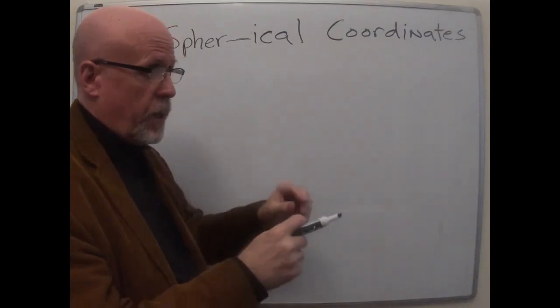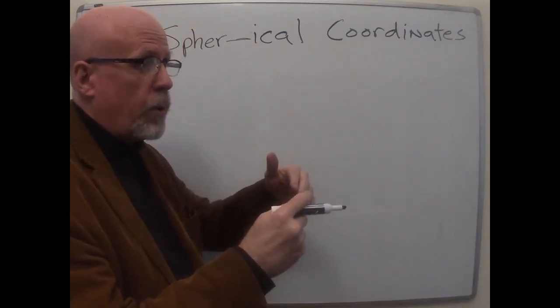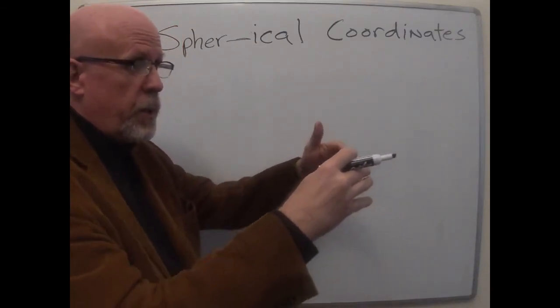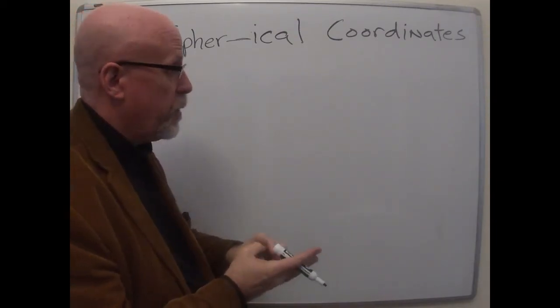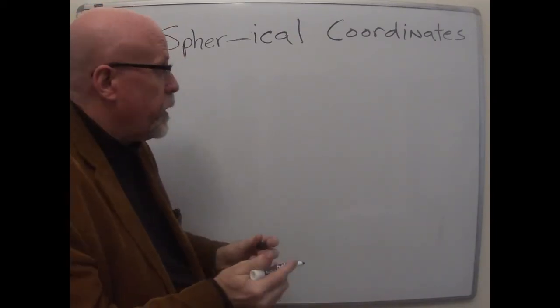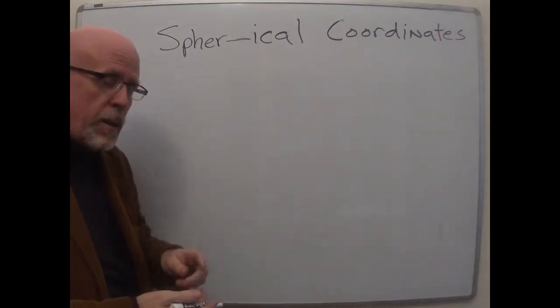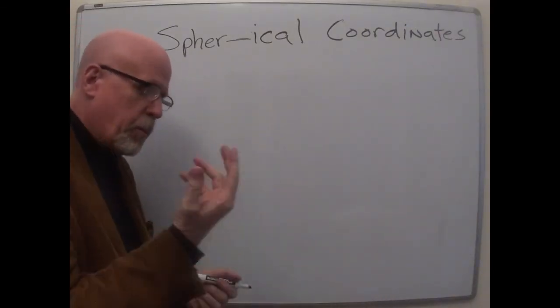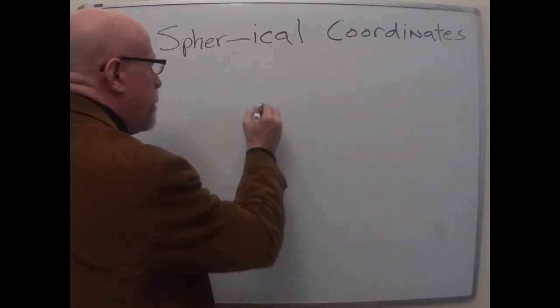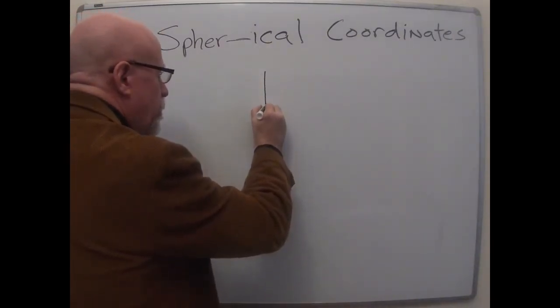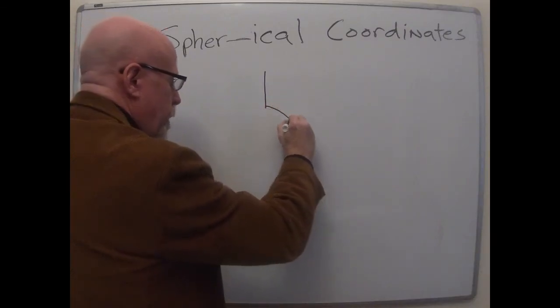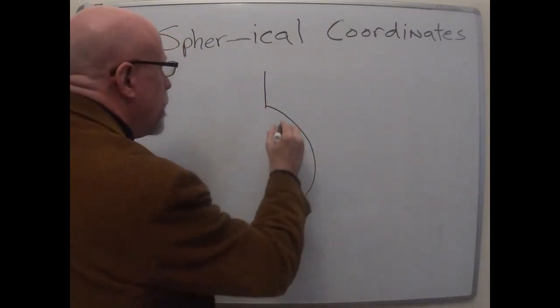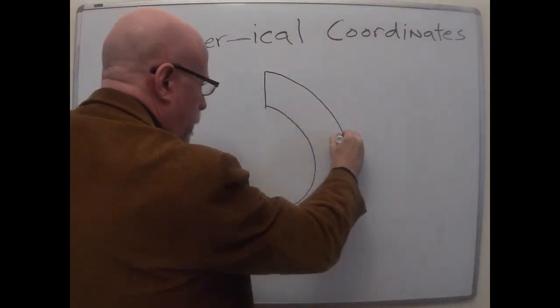If I think about sweeping out a part of volume where I just change the radius a little bit and leave everything else to float wherever it is, I get essentially a hollow sphere. So that's why a melon is the right idea, except there's seeds in the middle with a real melon. But you scoop those out anyway. So let me try to draw for you a wedge taken out of a honeydew melon.